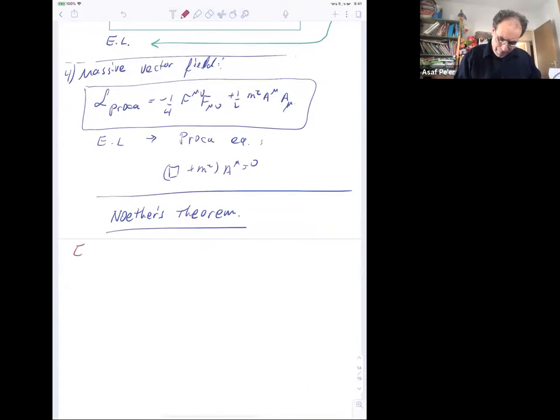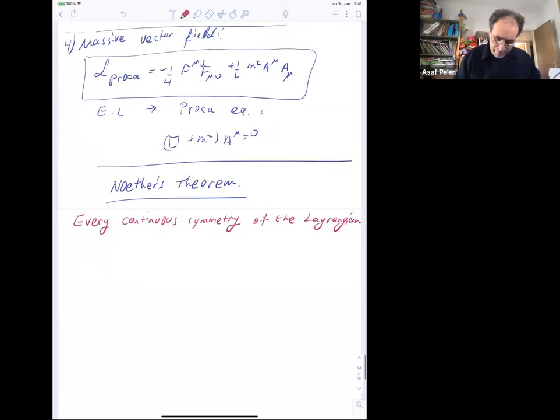Every continuous symmetry of the Lagrangian gives rise to a conserved current J mu.